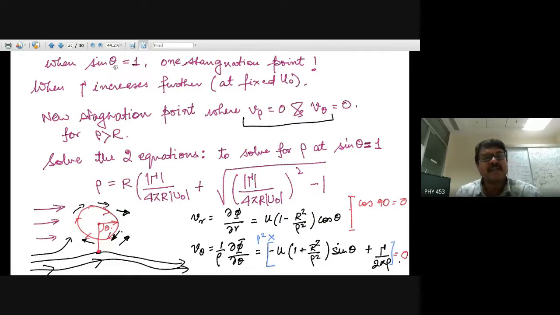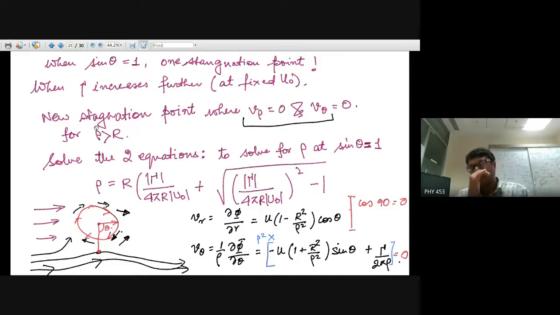When sine theta is exactly equal to 1, gamma is exactly 2 pi u0 r, then you have one stagnation point that's exactly at 90 degrees. When gamma increases further at fixed u0, you will have a new stagnation point where both v rho and v theta will be equal to 0. But now this v rho equal to 0 is not at the surface of the sphere, right? Previously it was right at the surface of the sphere. So you will have a solution which you have to find by solving two conditions, but for rho greater than r.